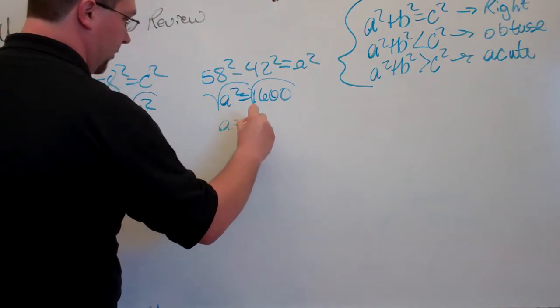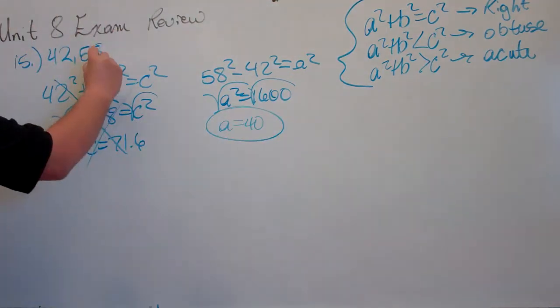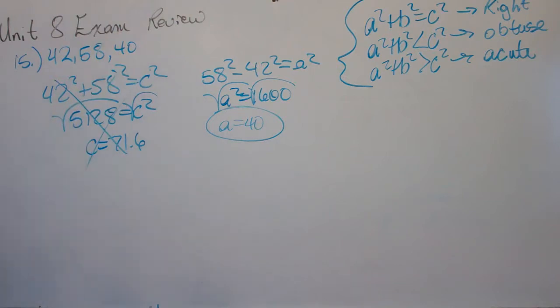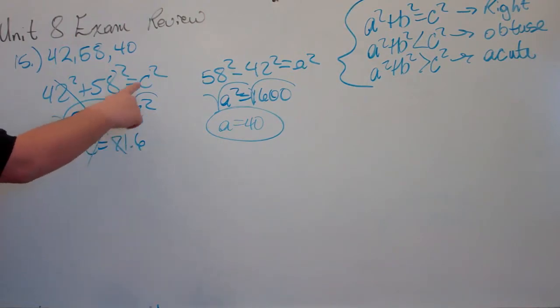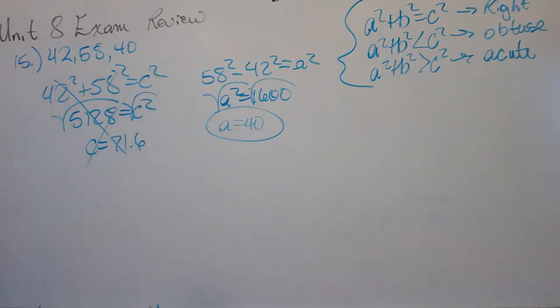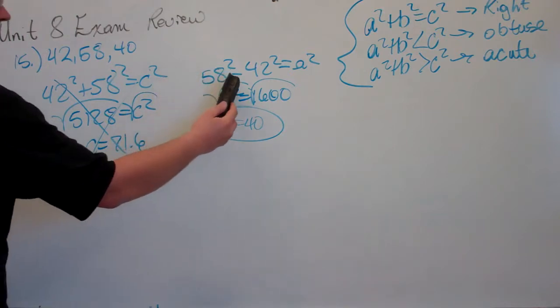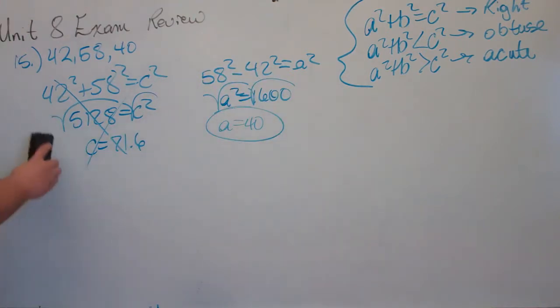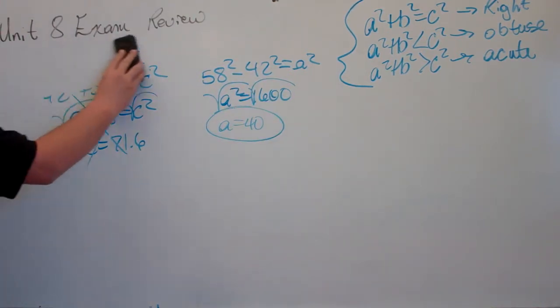A equals 40. 40 is a whole number, therefore your other side is 40. Remember, when you get a decimal, you can't use that number. So make your biggest number, in this case 58, the hypotenuse. So you're going to do 58 squared minus 42 squared equals a squared.